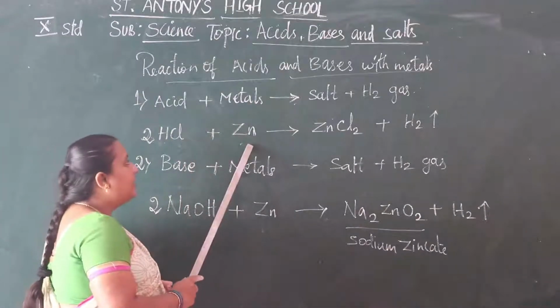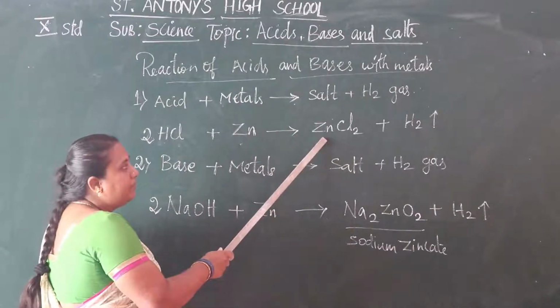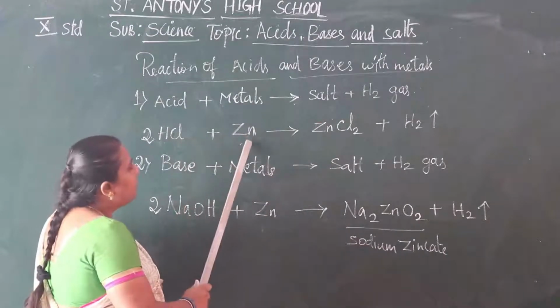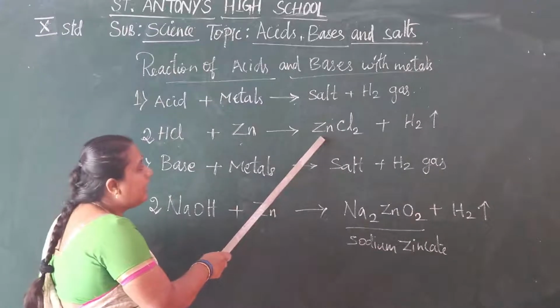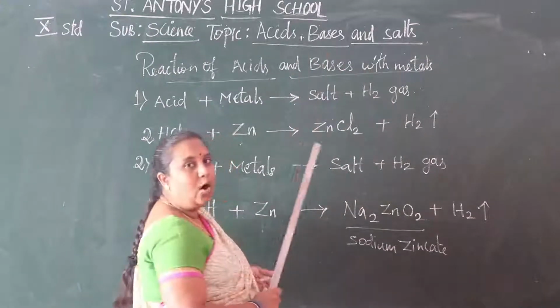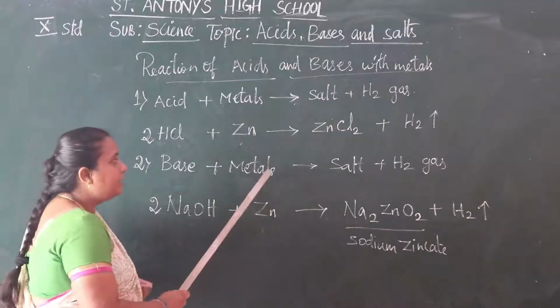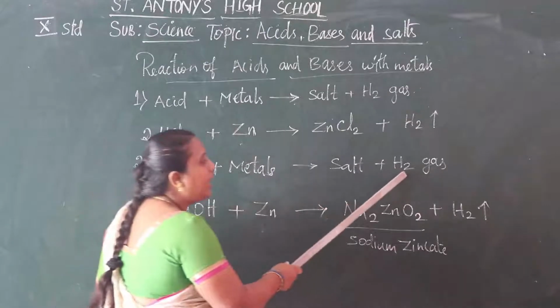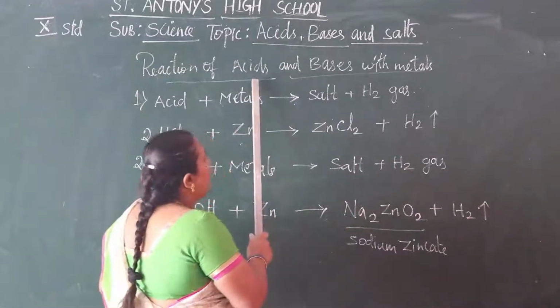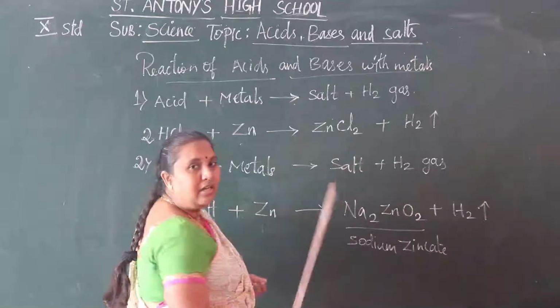Acid plus metal both react and give zinc chloride, a salt, plus hydrogen gas evolved. Then base plus metals react and give salt plus hydrogen gas. So both acids and bases react with metals, giving salt plus hydrogen gas.